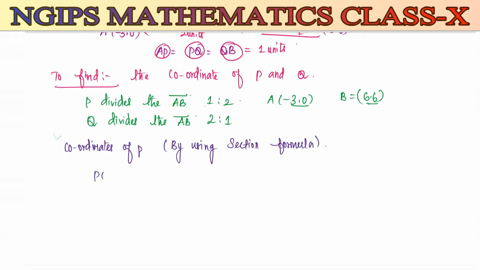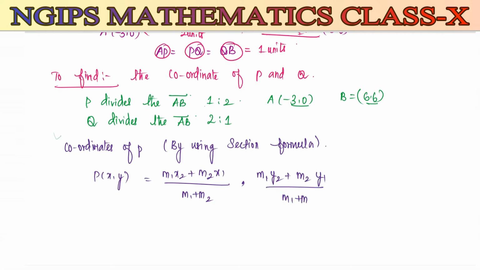So P of x comma y is equal to (m1 x2 plus m2 x1) divided by (m1 plus m2), comma (m1 y2 plus m2 y1) divided by (m1 plus m2). So here the m1 value is 1, m2 value is 2, with x1 y1, x2 y2.